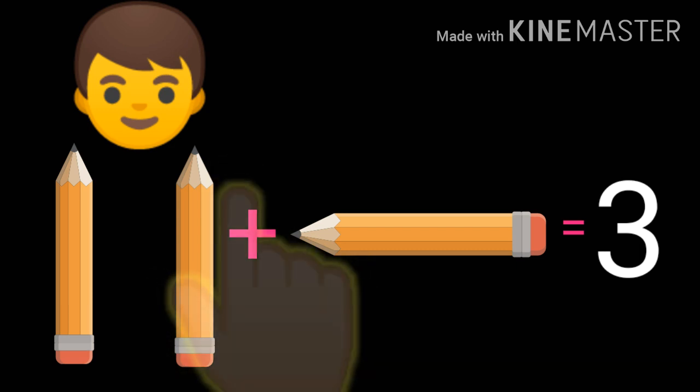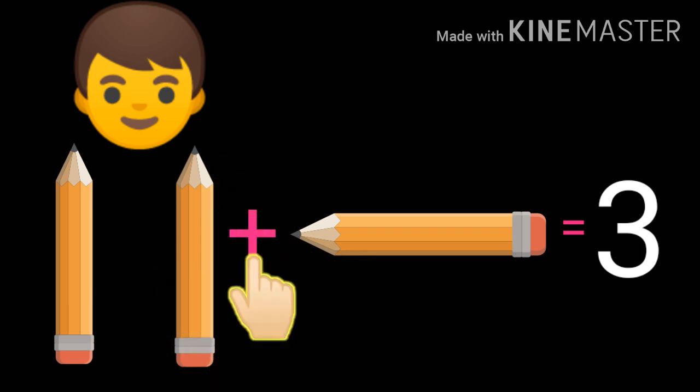Children, look at this sign. This sign is the plus sign. This is the symbol of addition. Counting 2 or more groups of objects or numbers all together to find how many in all, this process is called addition.